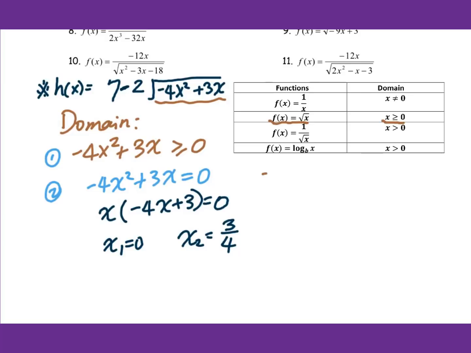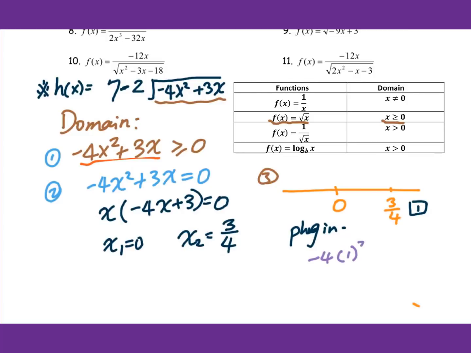Then third step, we need to get a number line: 0 and 3 over 4. Therefore, we need to get a special number. We got 1. We need to plug 1 into this expression here. We got negative 4 times 1 squared plus 3 times 1.